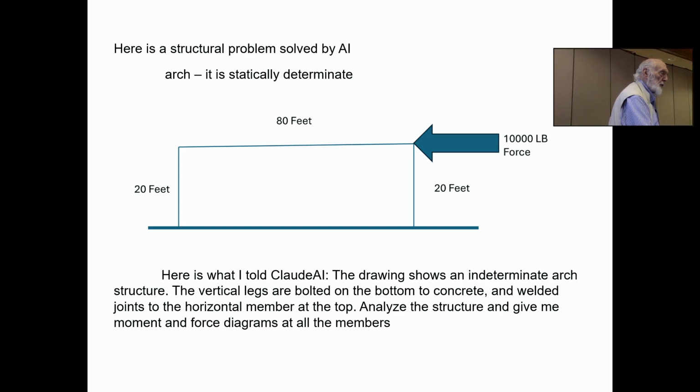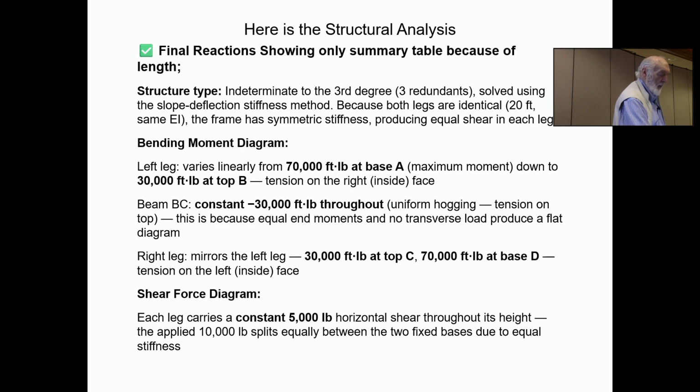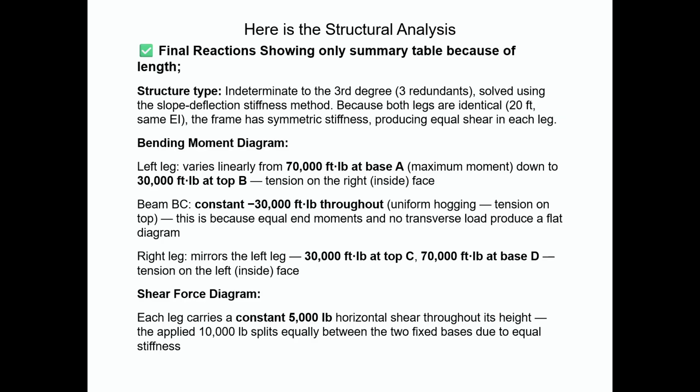For those of you who are structurally inclined, I gave it a classic multiple indeterminate frame. All right, here's what I told it. Indeterminate arch, vertical legs are bolted to the bottom concrete and welded at the joints to the horizontal member. Here's the reactions.